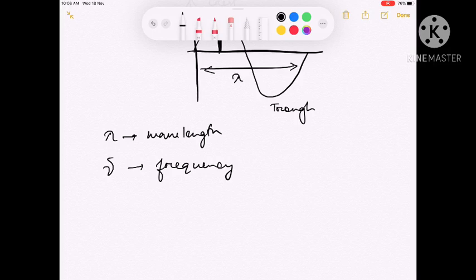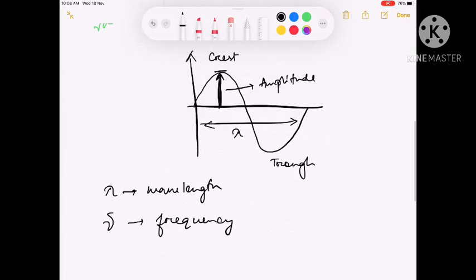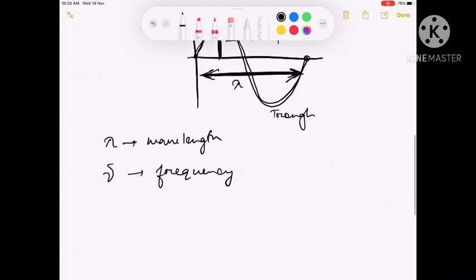Wavelength, which I have already discussed, is the distance of a complete wave. If the wave has started from here, one crest and one trough, this much length is called the wavelength. Frequency means the number of waves passing through a given point per second.